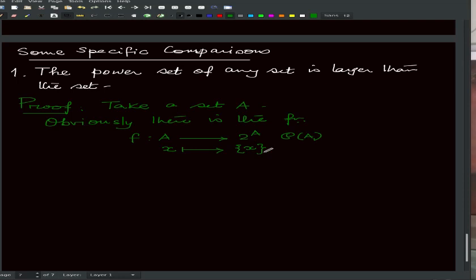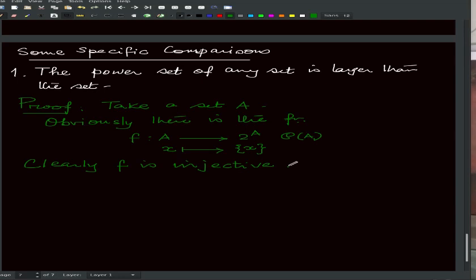So obviously there is this function, and clearly F is injective. Okay, so F is injective. The whole point is that the power set is bigger.